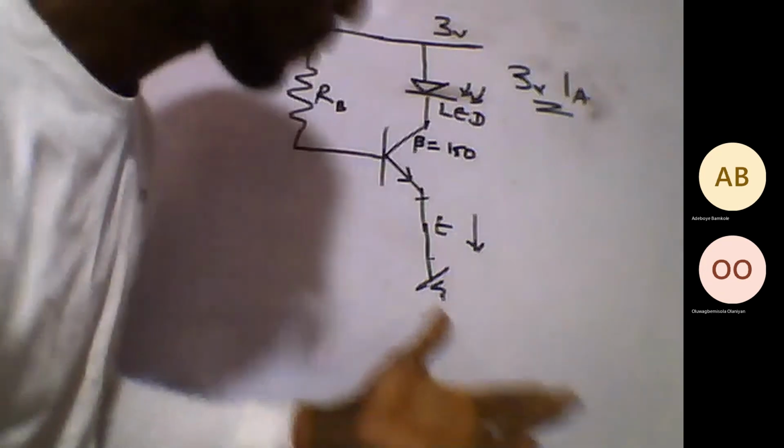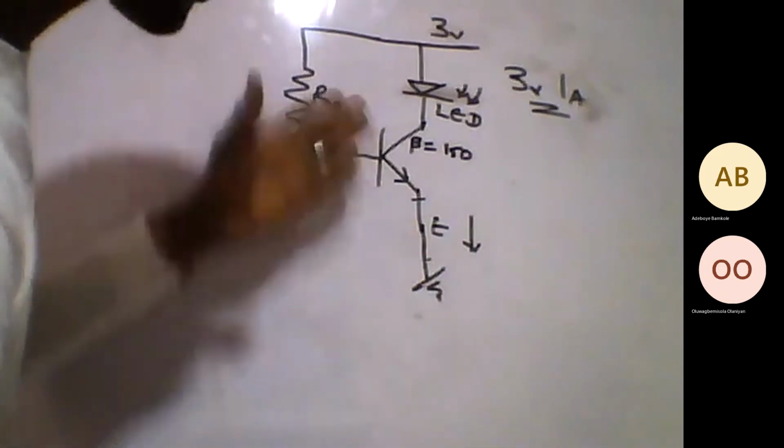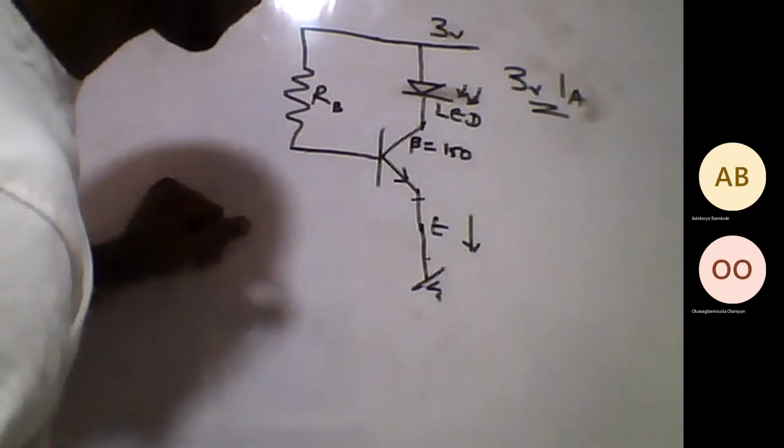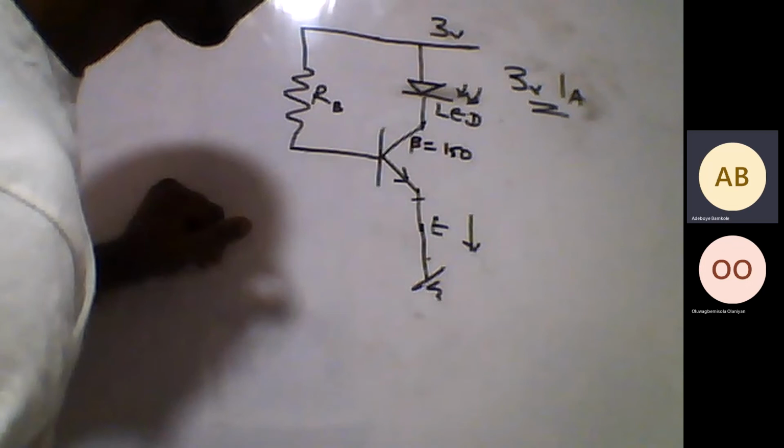Can you tell me anything? What is that telling you, circuit-wise? Okay, that the LED be 3 volts to 1 amp. It is what?